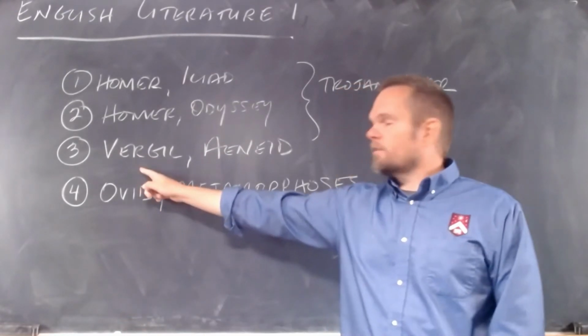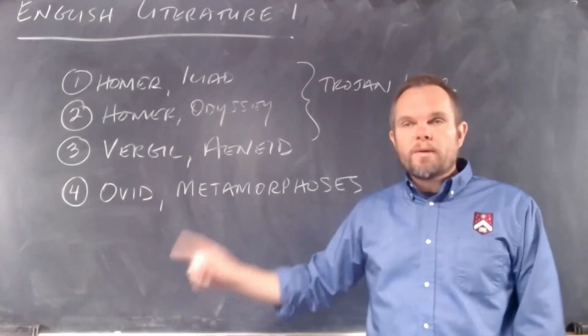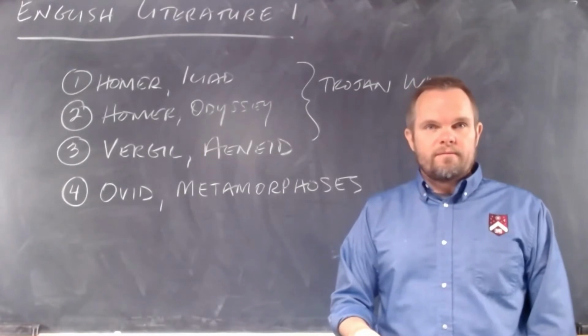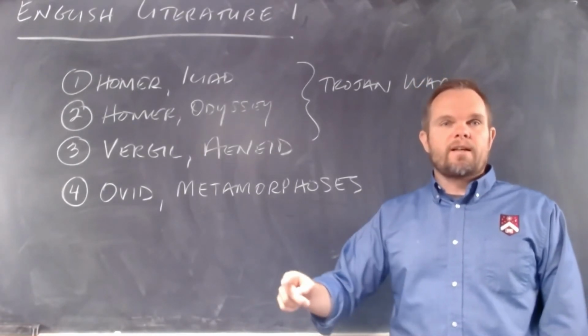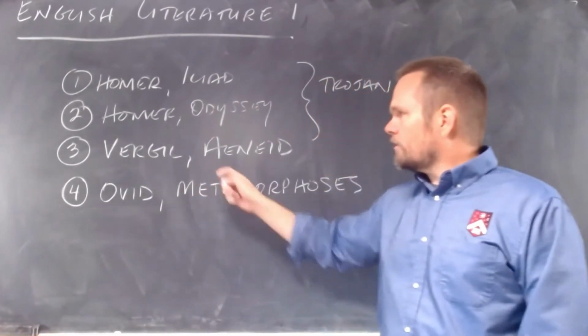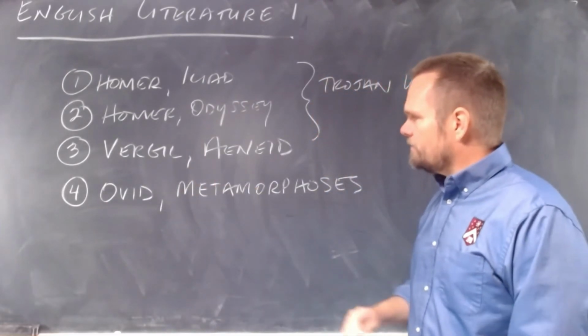So Virgil tells us that the Romans actually came from Troy. So Rome is like a new Troy, all right? And we're going to learn about that in Virgil's Aeneid.